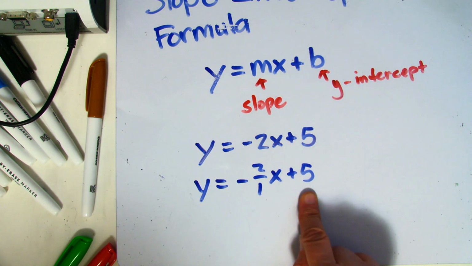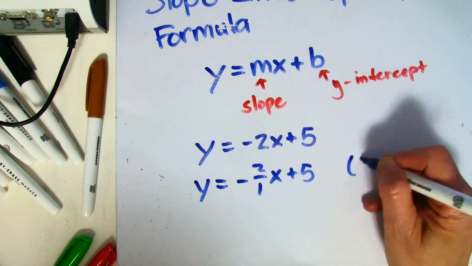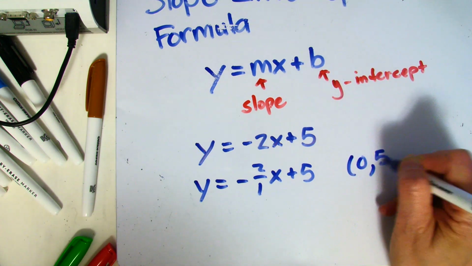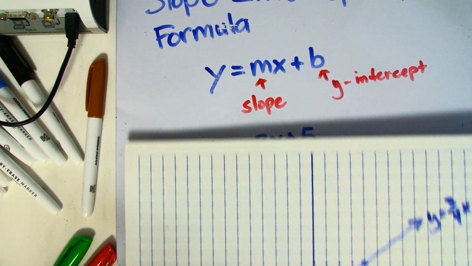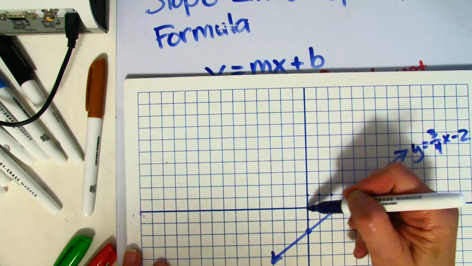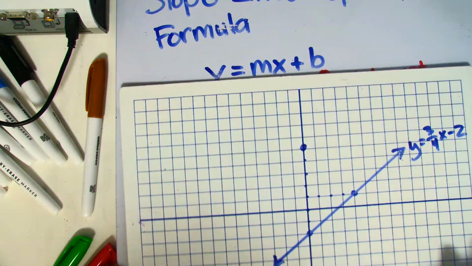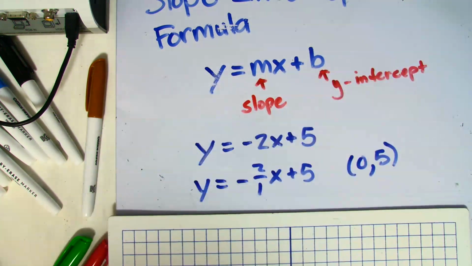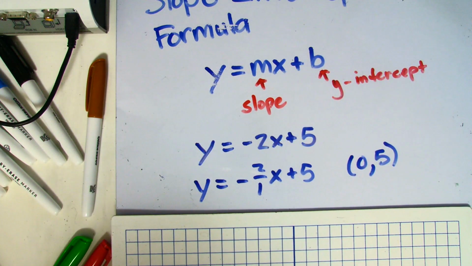So first we're going to plot our y-intercept. And again, that's going to be 0, 5. The x value in our y-intercept is always going to be 0. So that's from 0, 1, 2, 3, 4, 5. And my slope is a -2 over 1.